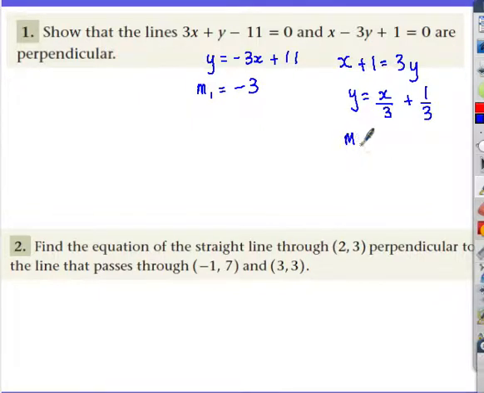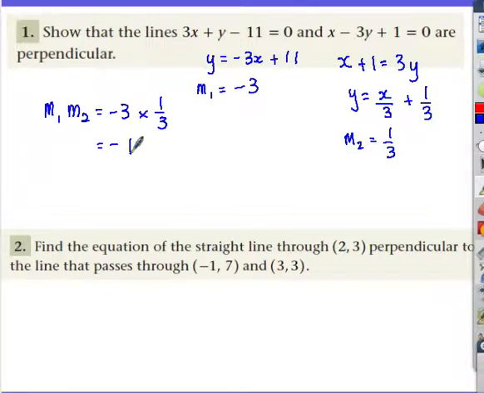Yeah, so m2 is a third. Alright, so then we'll go m1 times m2 equals -3 times a third, and that equals -1.